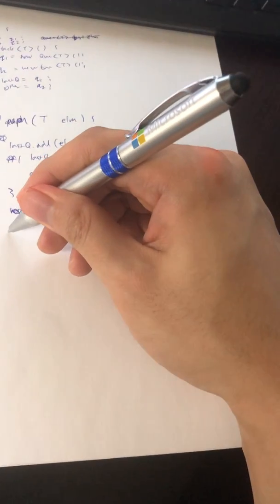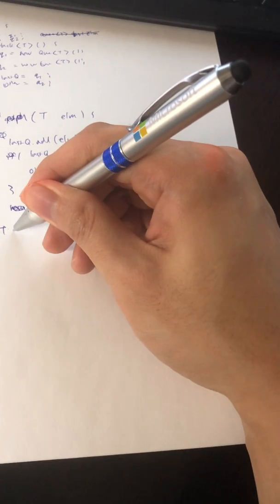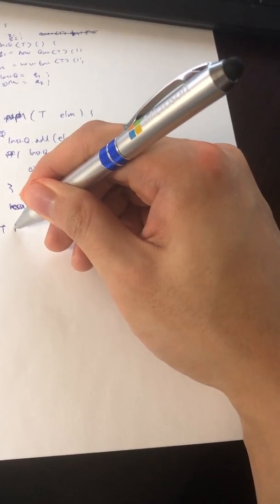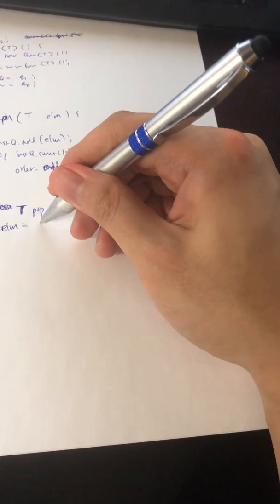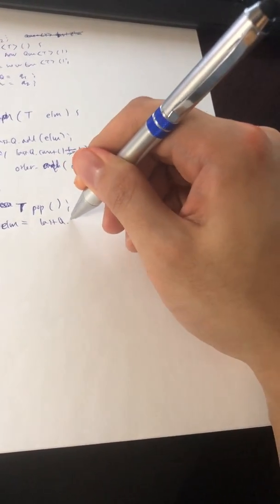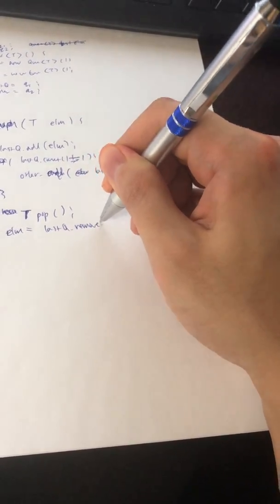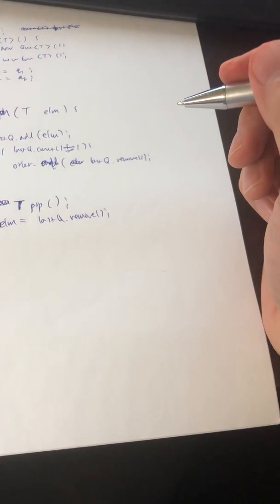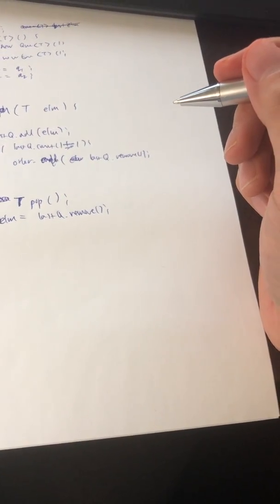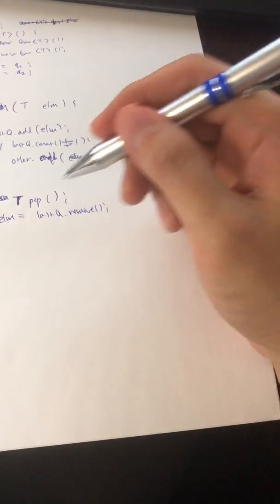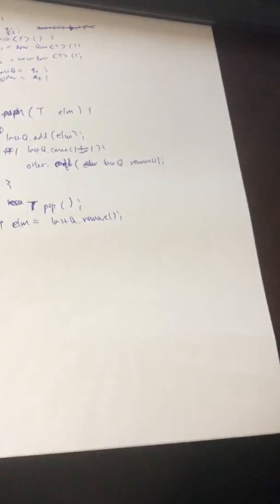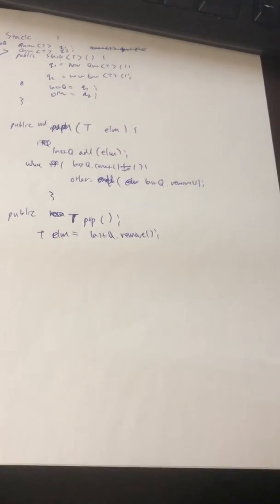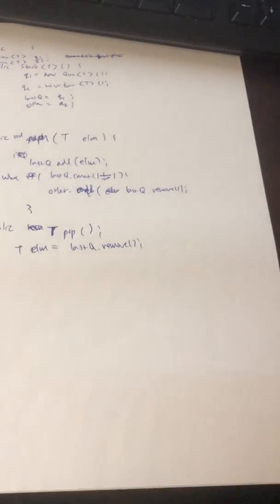So T elm is last Q dot remove. Now I have an elm that points to the last element, so it's not lost, but last Q doesn't have that element anymore. So at that point, last Q is empty.